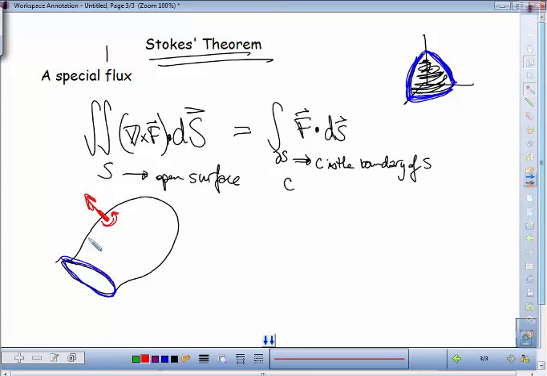Now let's move this closer and closer to the boundary. If you move it closer to the boundary, can you see that the curve is going to go in a specific direction based on the orientation of the surface?